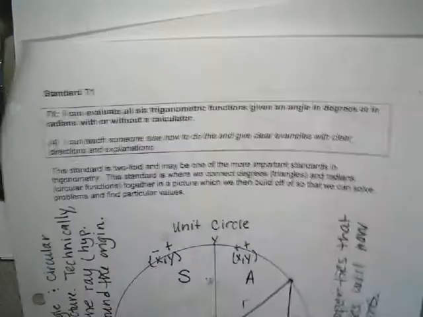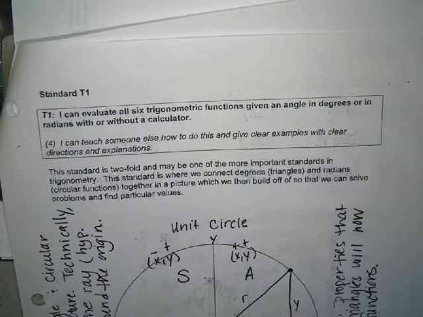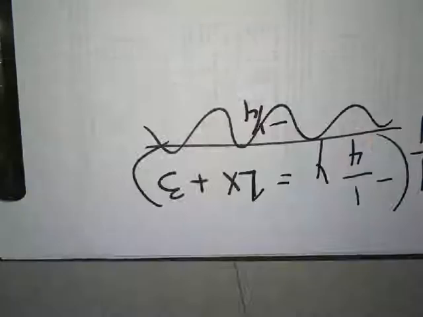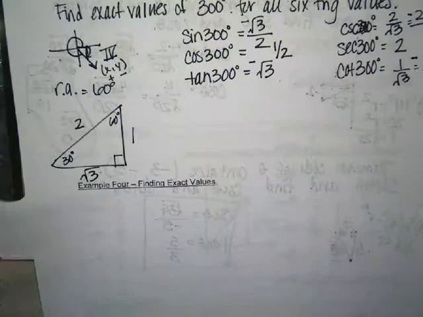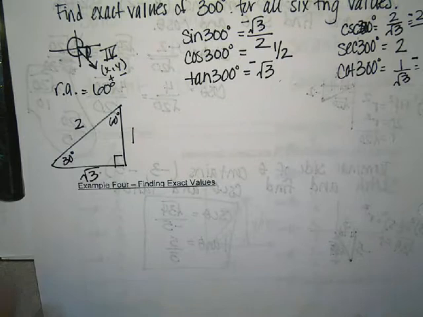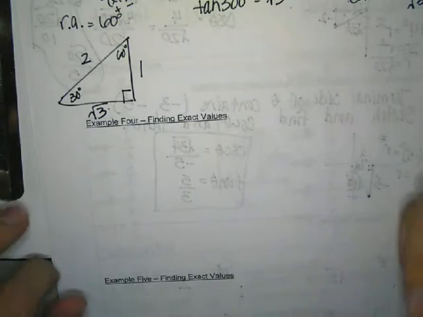That's because cosine has nothing to do with the opposite side. So see, cosine's positive, everything else is negative. And then we'll pick up with that for example 4 and example 5. We're done for today.